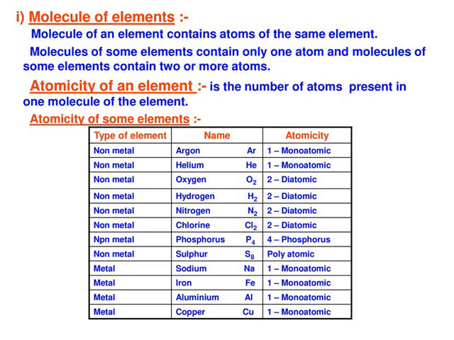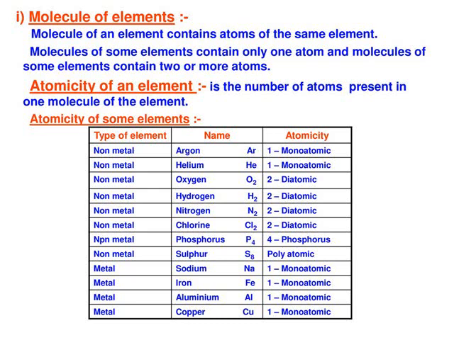Helium, He, only one. Therefore, monoatomic. As we have discussed, oxygen O2, hydrogen H2, nitrogen N2, chlorine Cl2. See, all these have two atoms. Therefore, they are said to be diatomic. Phosphorus, we write it as P4.